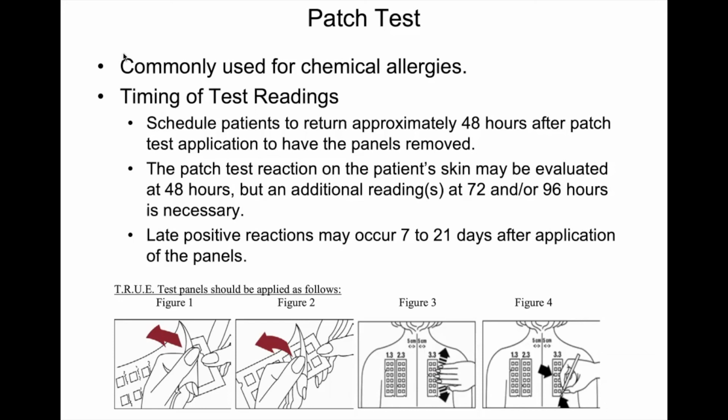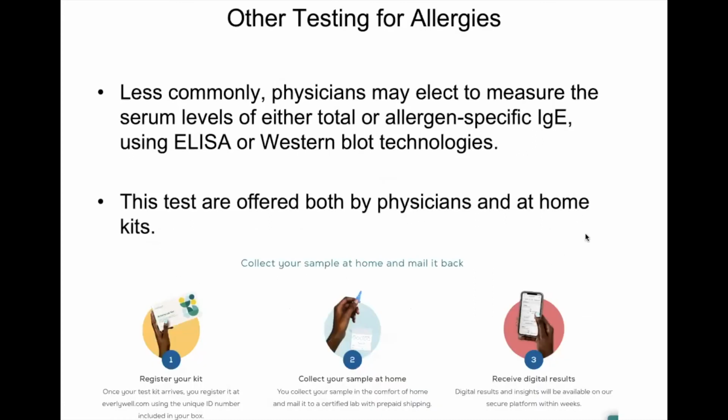So this one is much more involved because the patient is coming in day 0, coming back 2 days later, then potentially coming 2 days after that for an additional reading, and then potentially even after that for additional readings. And the allergens usually tested on patch tests are different than the allergens tested on a scratch test.